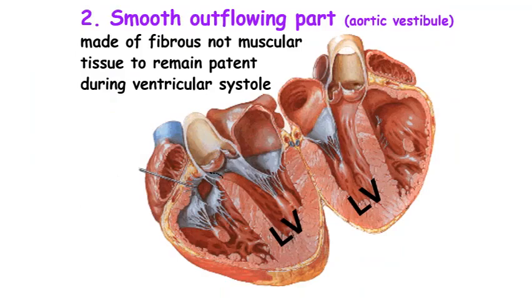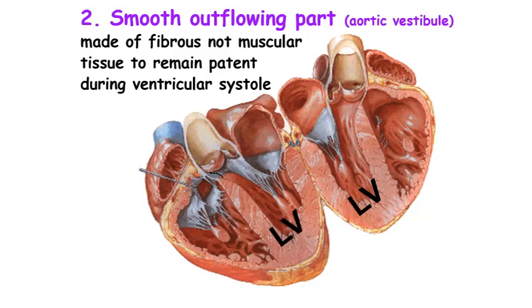Let's take a look over the smooth outflowing part, which we call the vestibule. Just a small reminder, the outflowing smooth part of the right ventricle is called the infundibulum, whereas the outflowing smooth part of the left ventricle is known as the vestibule.